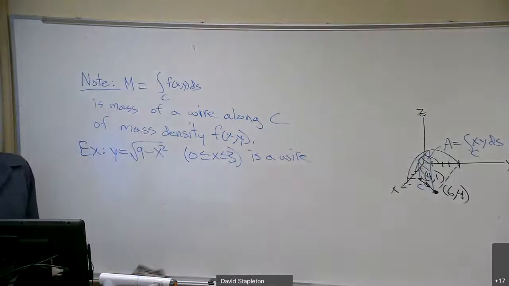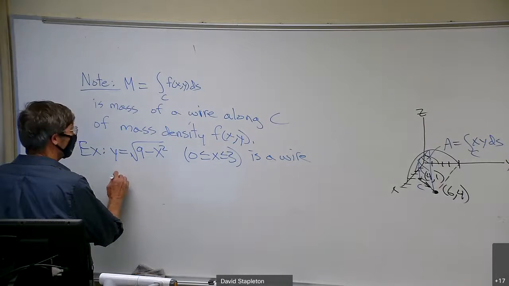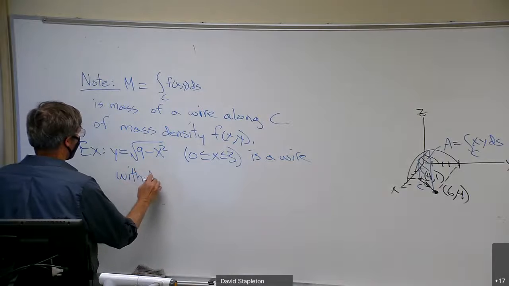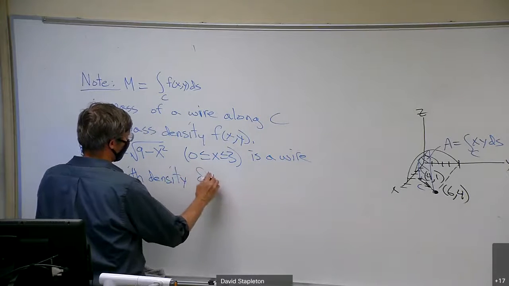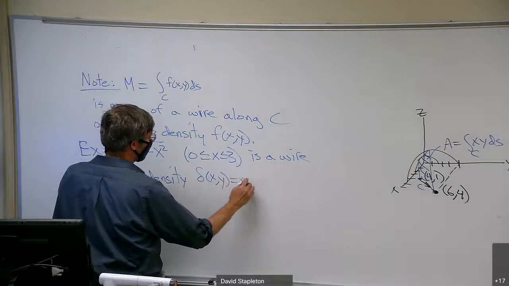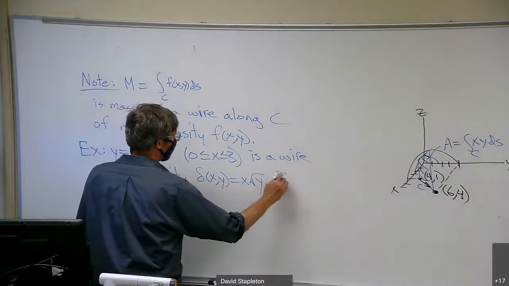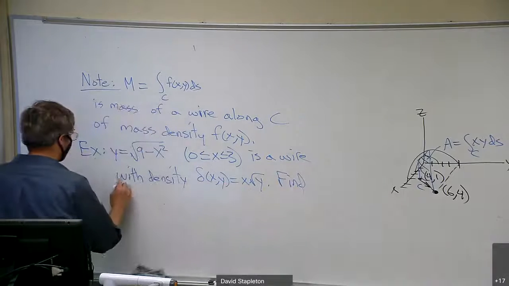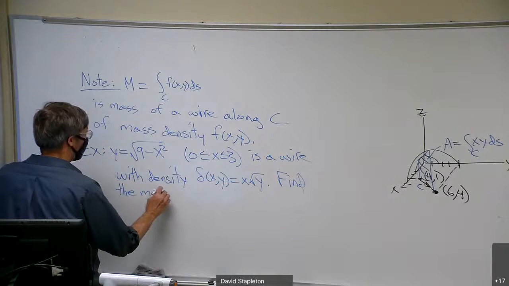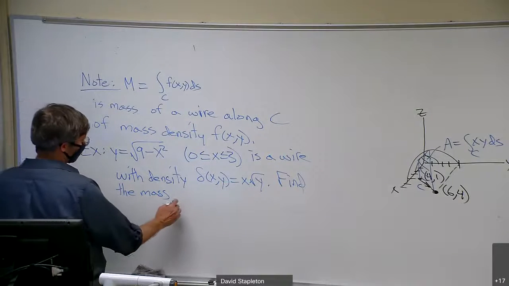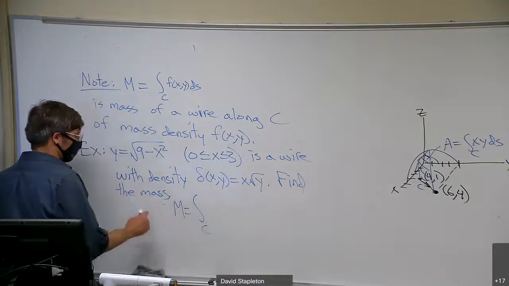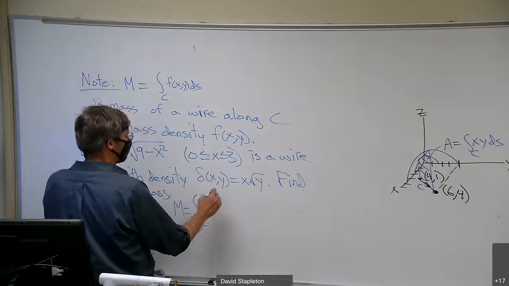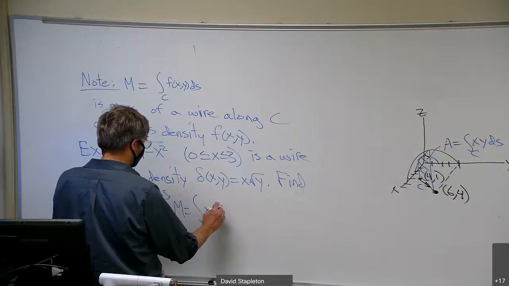And suppose its density function is x square root of y. This one uses delta instead of f. Find the mass of the wire. All you have to do is compute the scalar line integral. So you say the mass is the line integral along this curve C of the density function x square root of y.